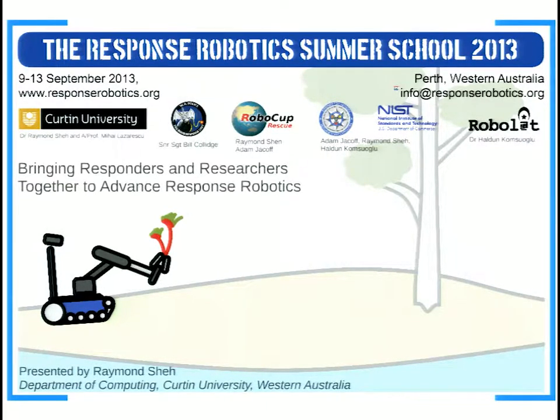This was an event run by Curtin University in close collaboration with the West Australia Police Bomb Response Unit, the RoboCup Rescue Robot League and the RoboCup Federation, the National Institute of Standards and Technology, and Robo LLC.